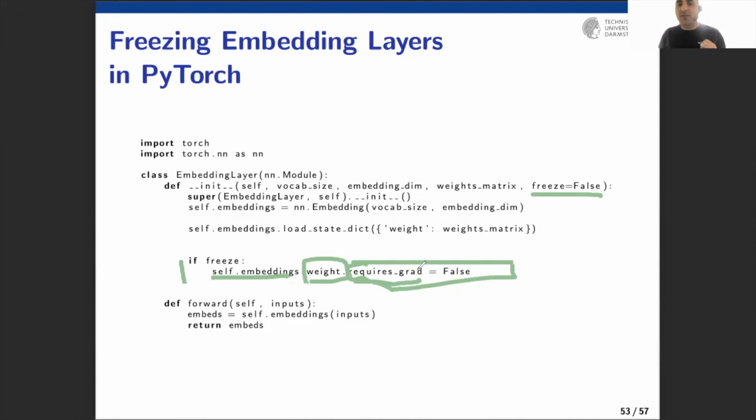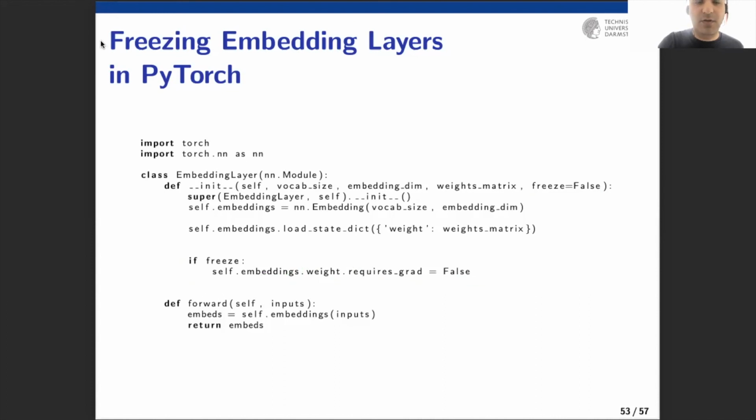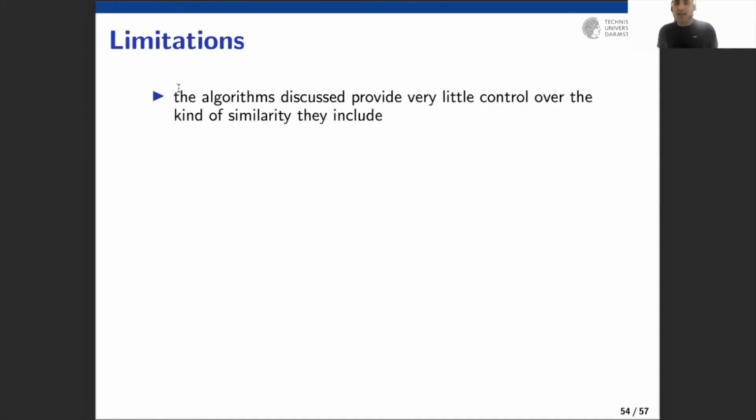So we say either we want to keep the parameters fixed or we want to update them. This is the way that you can tell your neural network to freeze the parameters and not update the parameters of one layer. In this case, we do not update the parameters of the embedding layer, or the word vectors.